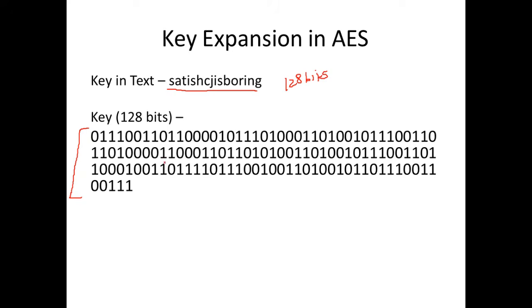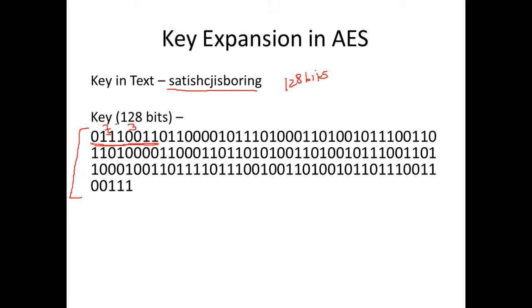And I'm converting this key into hexadecimal characters. So I'll take 4 bits and then I'll write the corresponding hexadecimal value for that. So what is 0111? It is 7. And what is 0011? These 4 bits represent a 3. So 73 is the hexadecimal representation of the first 8 bits.